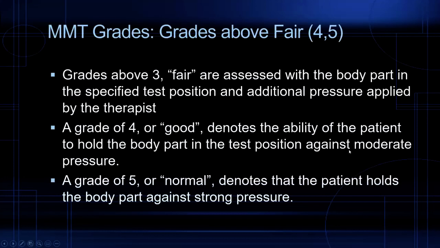So you're applying moderate pressure in the opposite action of the muscle, and if the patient can hold that, they get 4. Okay? And a 5, or a normal, means that the patient can hold that body part against your maximal or very strong pressure. Okay? So I think of 4 as the patient can withstand your moderate pressure, and then a 5 is the patient can withstand your maximal pressure.